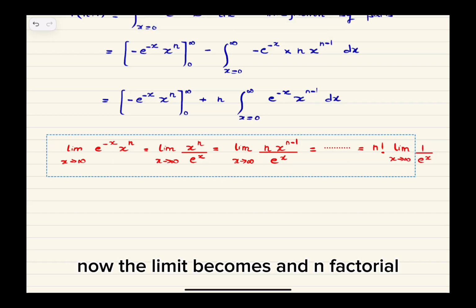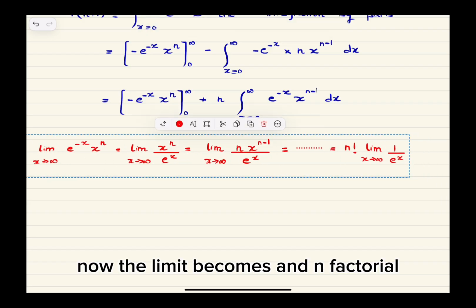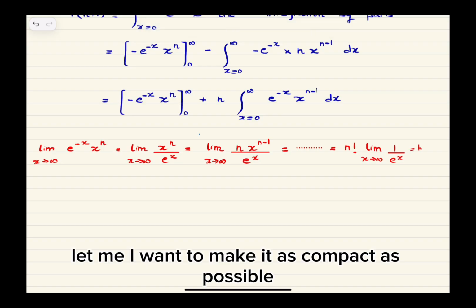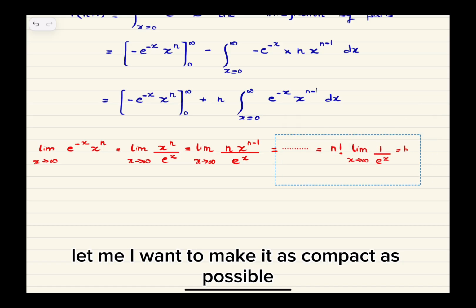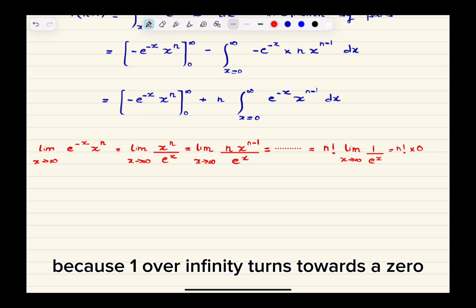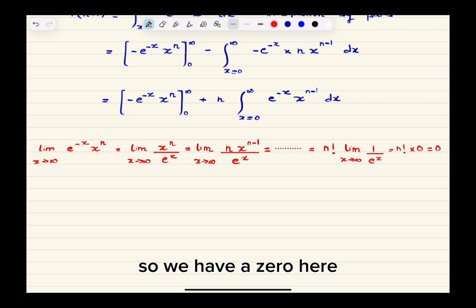Now the limit becomes n factorial multiplied by 0, because 1 over infinity tends towards 0, so we have a 0 here.